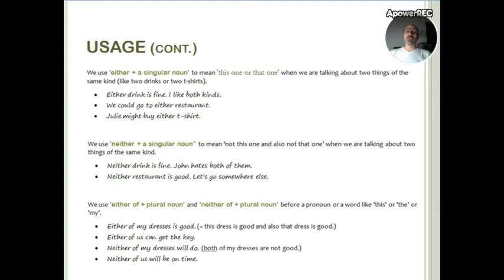Similarly, we could go to either restaurant. If you're deciding between 2 possible restaurants, you can say we could go to a Chinese restaurant or to a Japanese restaurant. We could go to either of these 2 restaurants. We could go to either.